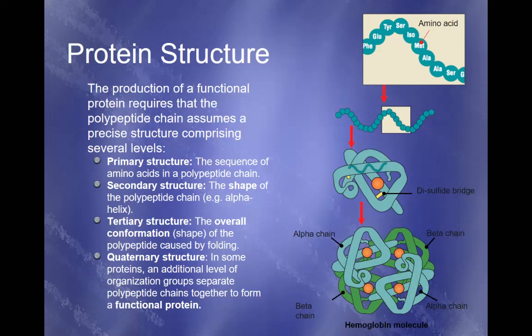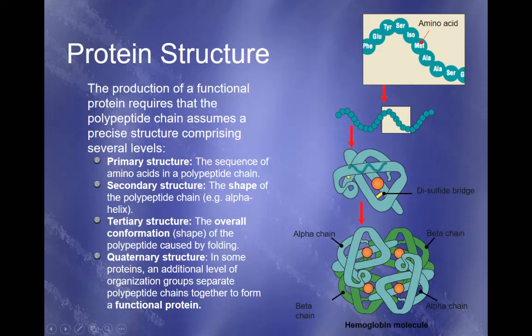But for most of our proteins, which are more complex and bigger than this, things like hemoglobin that you see here in your example, you have what's called quaternary structure. And in this case, you have multiple subunits. If you look at the example here, you've got an alpha chain here and another alpha chain down on the right. Those two alpha chains are both their own subunit.